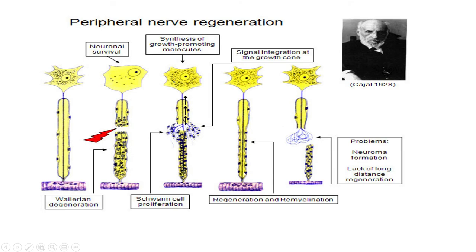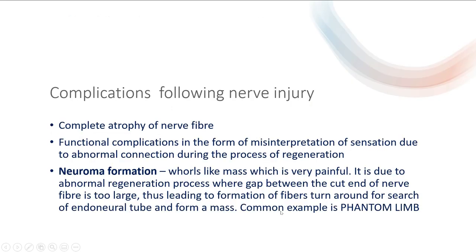But sometimes there is a problem known as neuroma formation. A neuroma is sponge-like, with lots of nerve fibers formed that are not connected with the rest of the cell, because there is a neurolemma and nerve fibers are produced again. So this is how degeneration and regeneration occur.